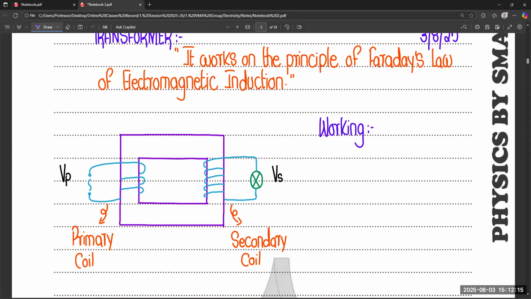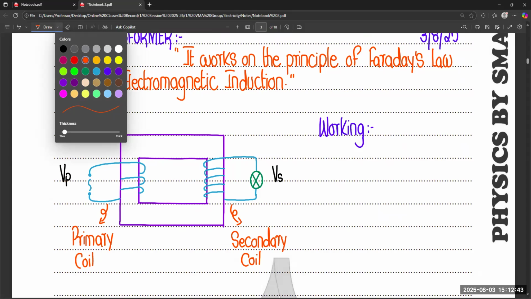And just like we discussed, because of the change in the magnetic flux linkage, an EMF is induced in the coil. We get that induced EMF or current as output from the secondary coil. So that is the concept of the working of the transformer.